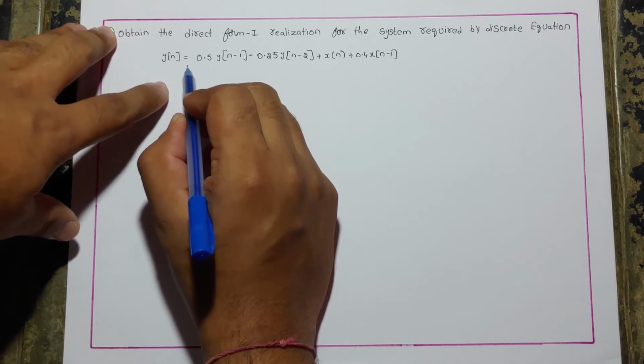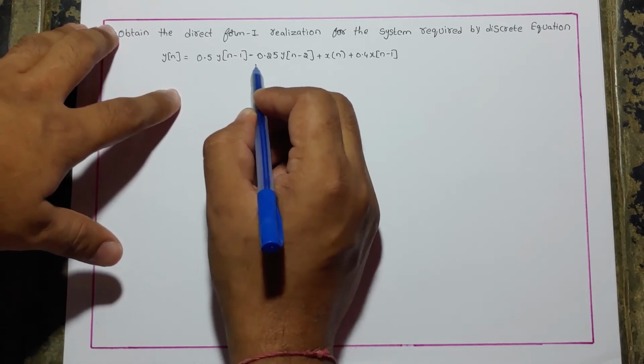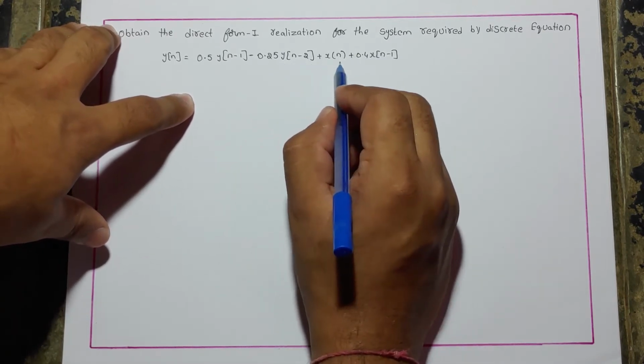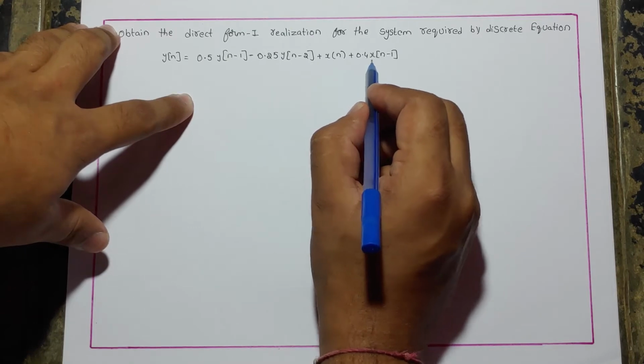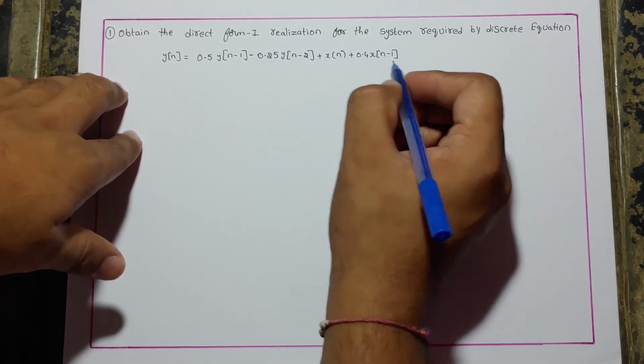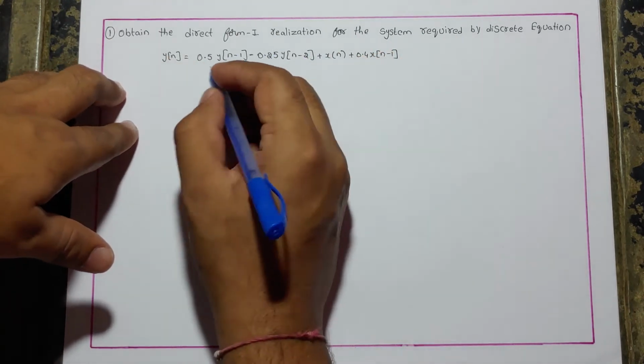That is, y of n is equal to 0.5 times y of n minus 1 minus 0.25 y of n minus 2 plus x of n plus 0.4 times x of n minus 1. Now let us group the terms as of their same function.